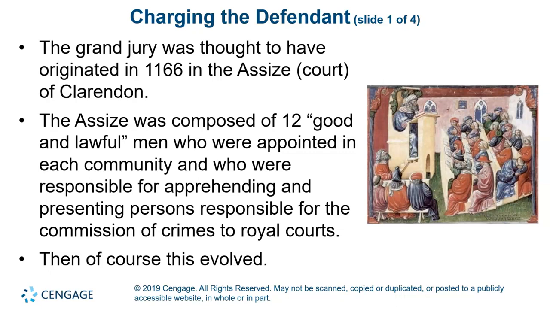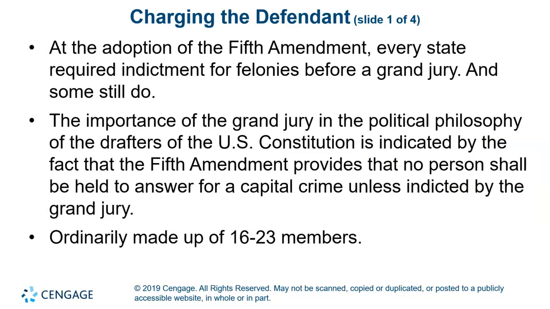And yes, this evolved. At the adoption of the Fifth Amendment, every state required indictment for felonies before a grand jury. And some states still use this. Some counties, some cities, etc., still use this grand jury indictment.